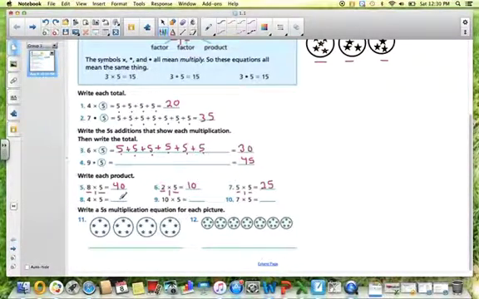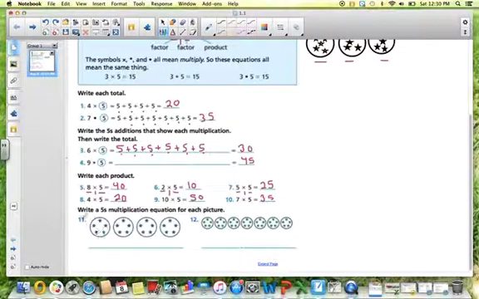And then come back and I will have the answers for you. Okay, number 8 is 20. Number 9 is 50. Got a little distracted there. Okay, and number 10 is 35.